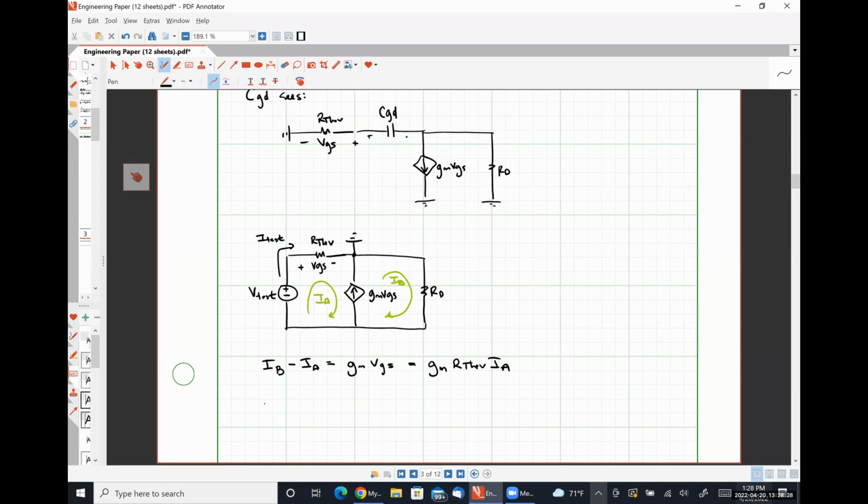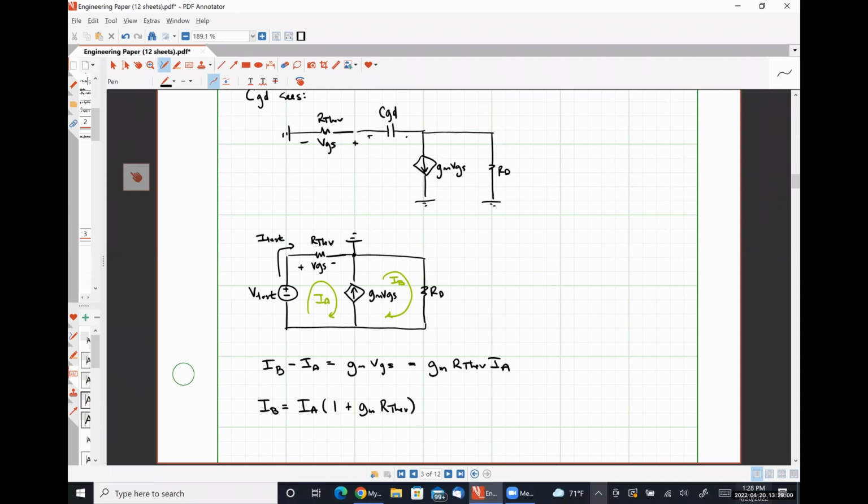So that would give me IB is equal to IA times (1 plus gm R Thev). Is everybody okay with it? Any odd analysis or hiccups or anything there?